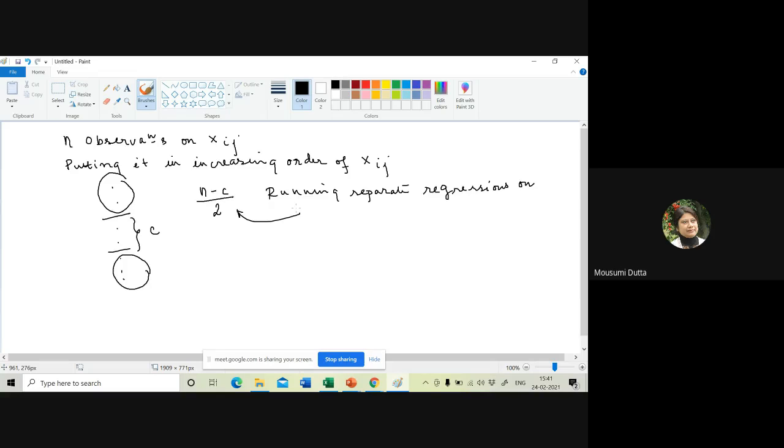So omitting C central observations, we have n minus C, then I am breaking it into two groups, (n minus C) by 2 each, and running two separate regressions.